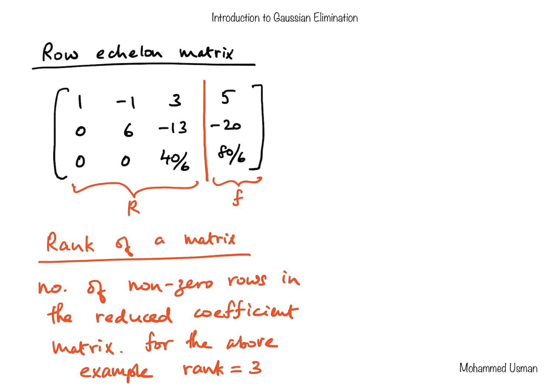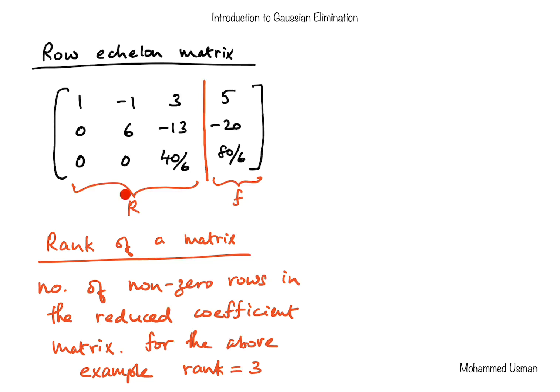If the last number in R in the reduced row echelon form is non-zero, and this is also non-zero, then we say the system of equations is consistent, and it has a unique solution.